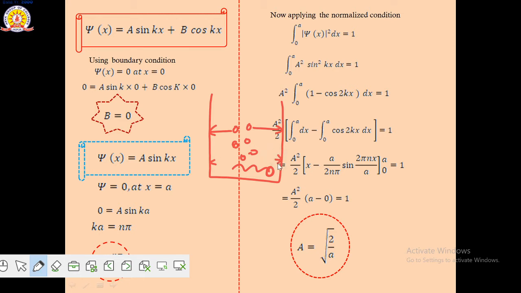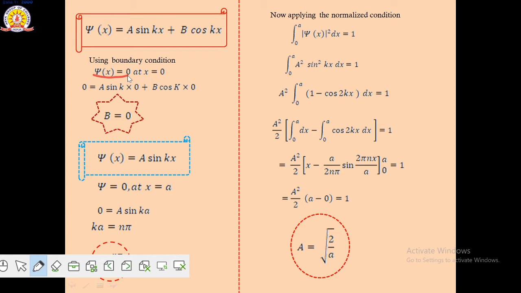It means the psi function will be 0. Here, these balls will be represented by this psi function. So the psi function of that ball will be 0. That's why here I am taking psi is equal to 0.